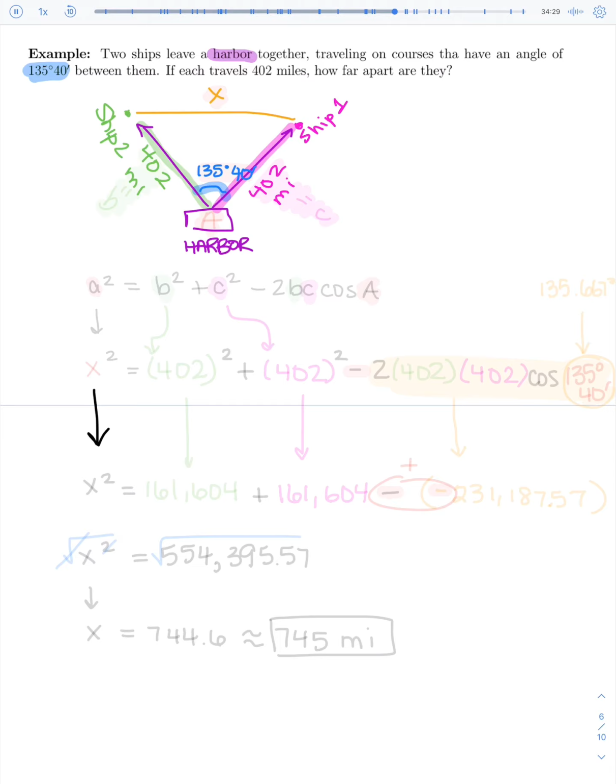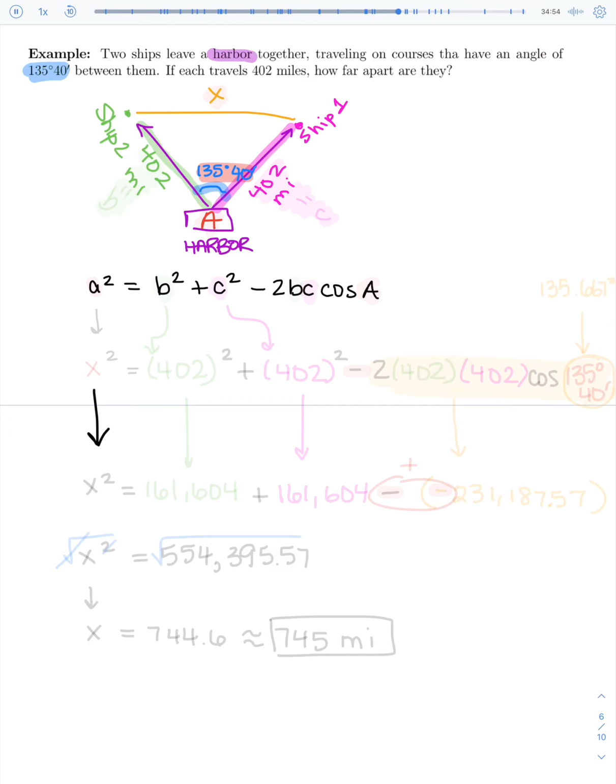But I'm just going to write this as a squared equals b squared plus c squared minus 2bc cosine of, remember it should be angle A, whatever angle we have. So that means that we've got angle A, so I'm going to call that angle A here.